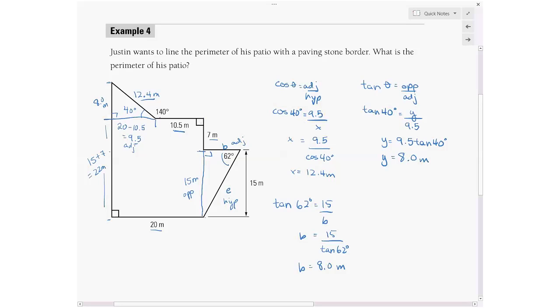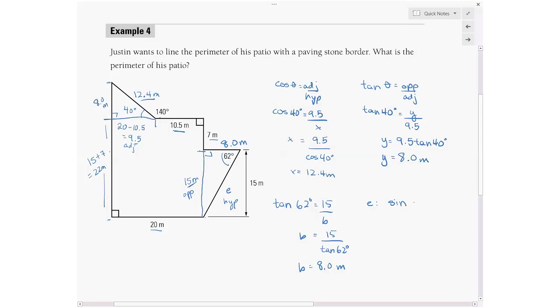And now for my hypotenuse, for E, I'm going to use this 15 meters still because it's given to me. It's more accurate than this, which I just kind of estimated. So let's replace B now. This is 8.0 meters, but I'm going to use this 15. So for E, I'm looking for the hypotenuse. So opposite, hypotenuse, that's sine.